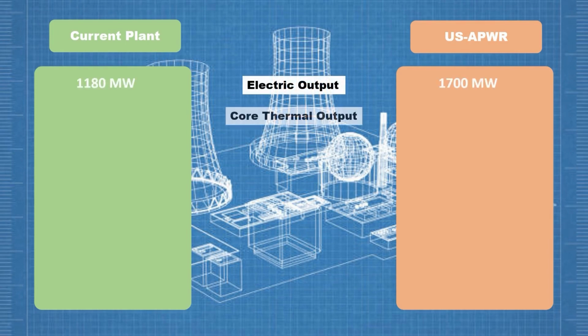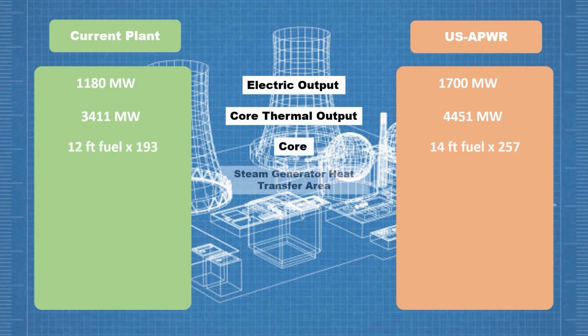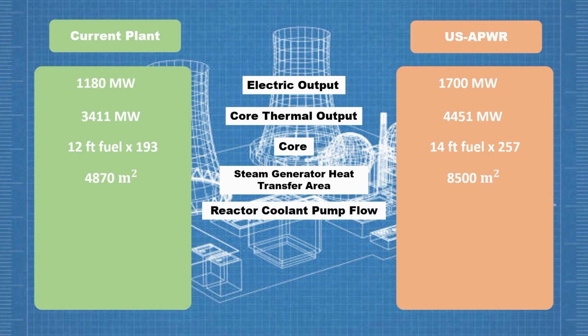The core thermal output is increased to 4,451 megawatts. For the core, the US-APWR consists of 257 of 14 feet fuels. The steam generator heat transfer area, reactor coolant pump flow, and the final stage blades are also increased.